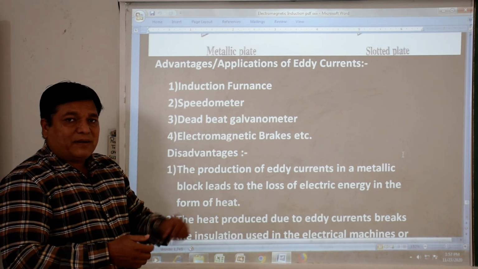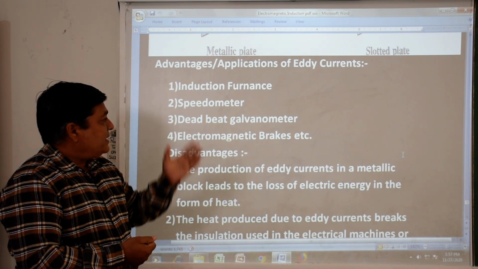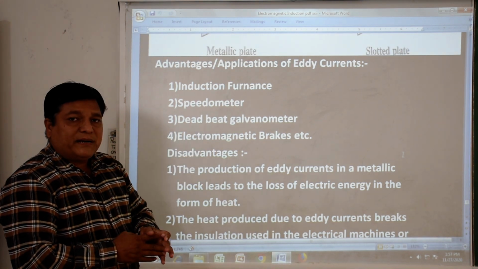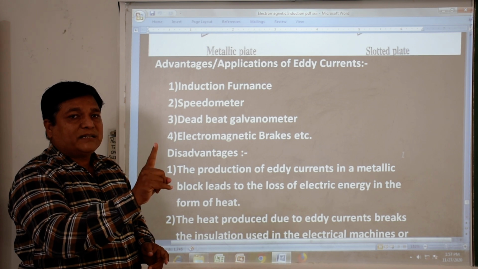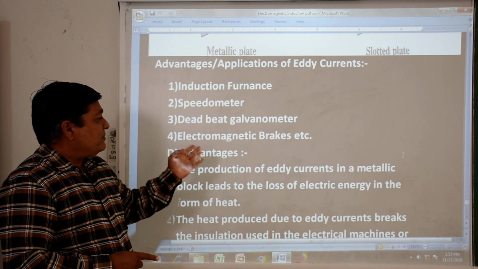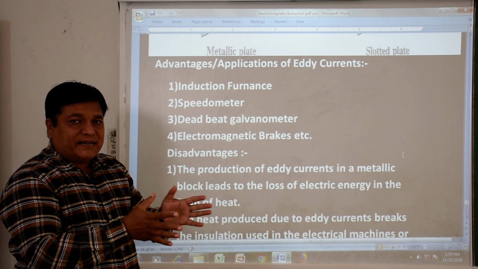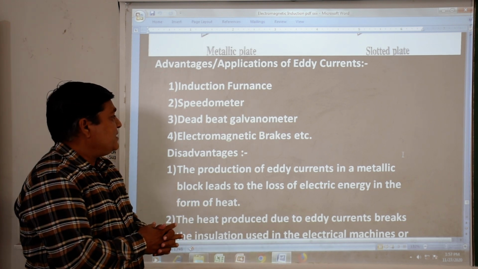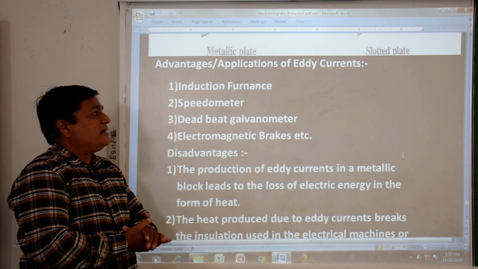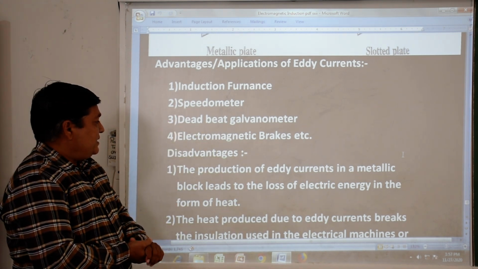The speedometer of a bike works on the eddy current. Dead beat galvanometer: the pointer of the galvanometer comes to rest position due to eddy current. Electromagnetic brakes in trains nowadays are applied due to eddy currents only. These are some advantages and applications of eddy currents.